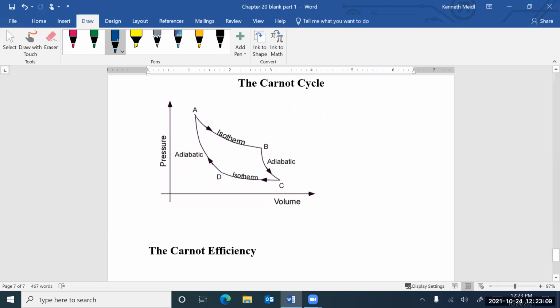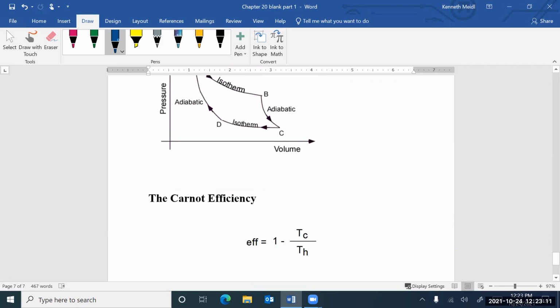Now, the Carnot efficiency, here's the key. Up above, we were talking about efficiency in general. It had Q's in it, and you are able to show that Q is proportional to temperatures. And so the Q's can come out, the temperatures can go in, and you can work out your efficiency in terms of just temperatures.